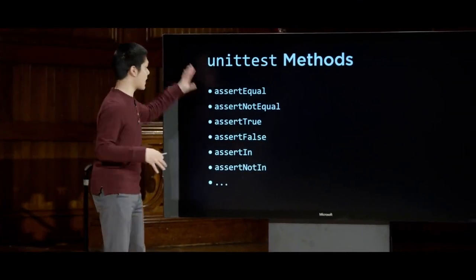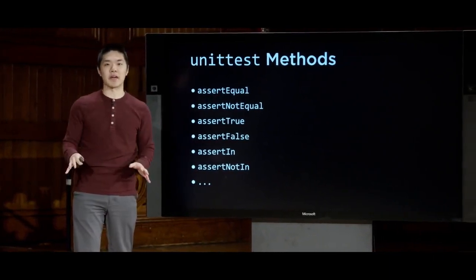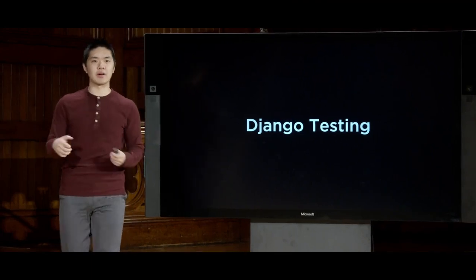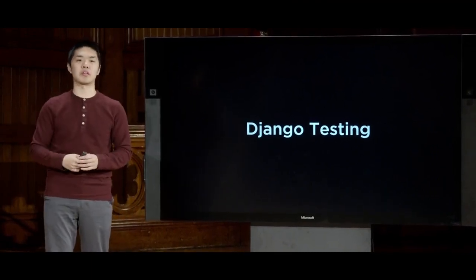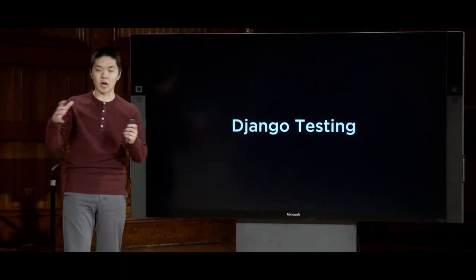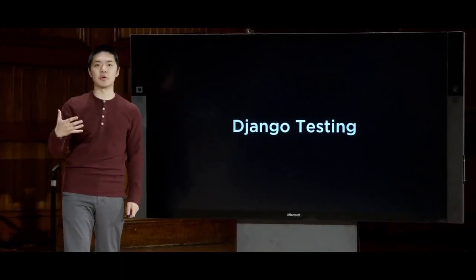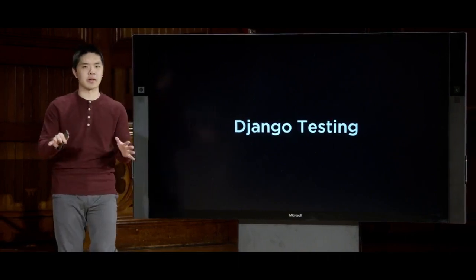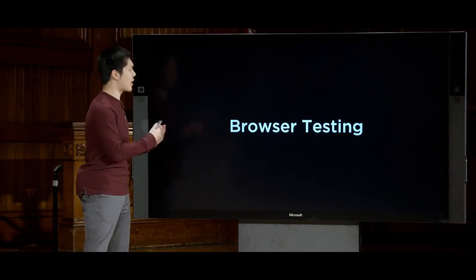And we can integrate this type of idea into a number of different types of testing. We saw integrating it into Django itself, using Django's unit testing in order to verify that our database worked the way we expected it to, and that our views worked the way that we expected them to, and provided the right context back to the user after the user makes a request to our web application. And there are also applications of unit testing, whether using the framework or not, to browser-based testing.